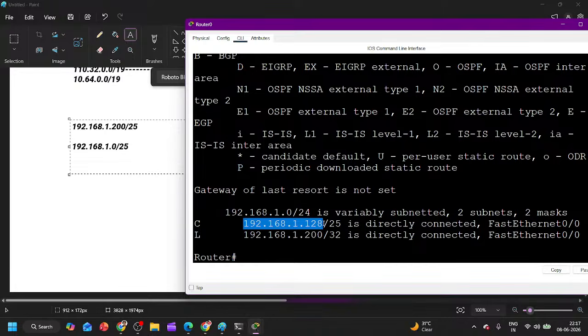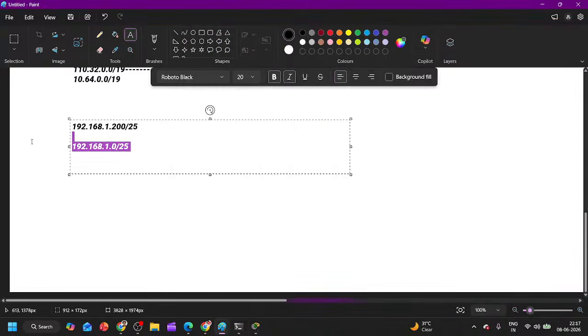It's 1.128, right? How? See, this IP address belongs to class C. For class C, the default CIDR value is 24 and I'm using 25. It means I have borrowed 1 bit. How many subnets are there? 2 power 1, 2.